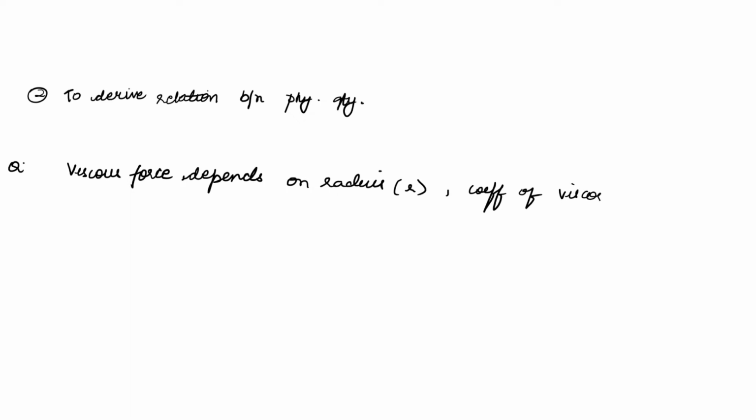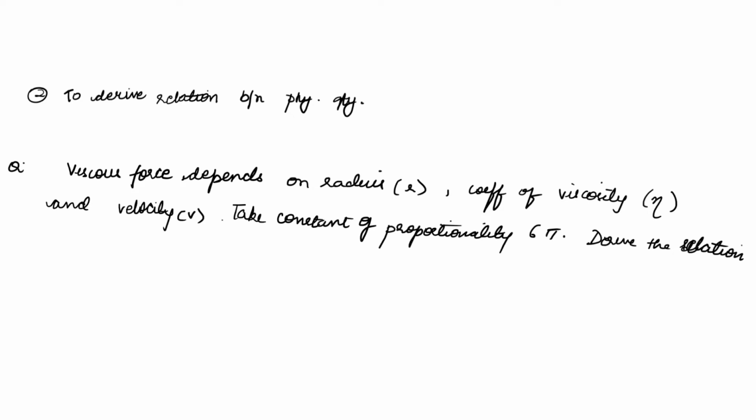In all questions, always try to write the dimensional formula of all the physical quantities given in the question. Force, we know, is MLT power minus 2, and radius is nothing but length, so it is just L. And talking about the coefficient of viscosity, you will learn it in the chapter known as fluids.